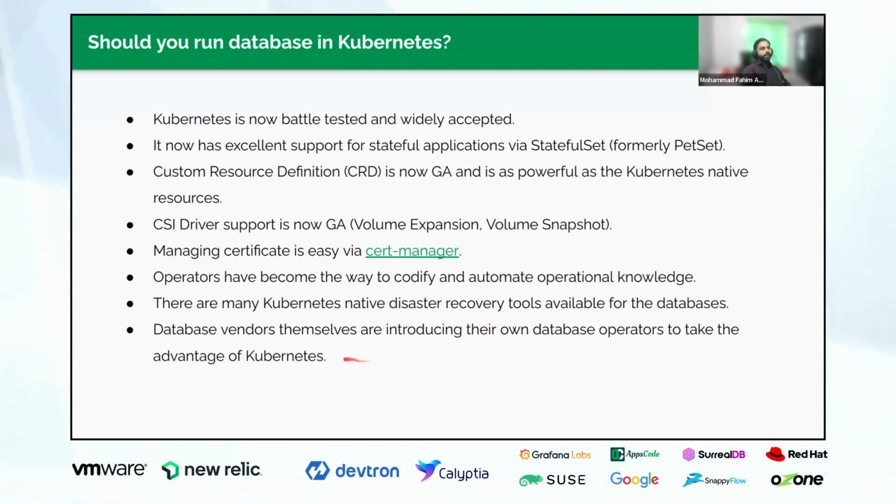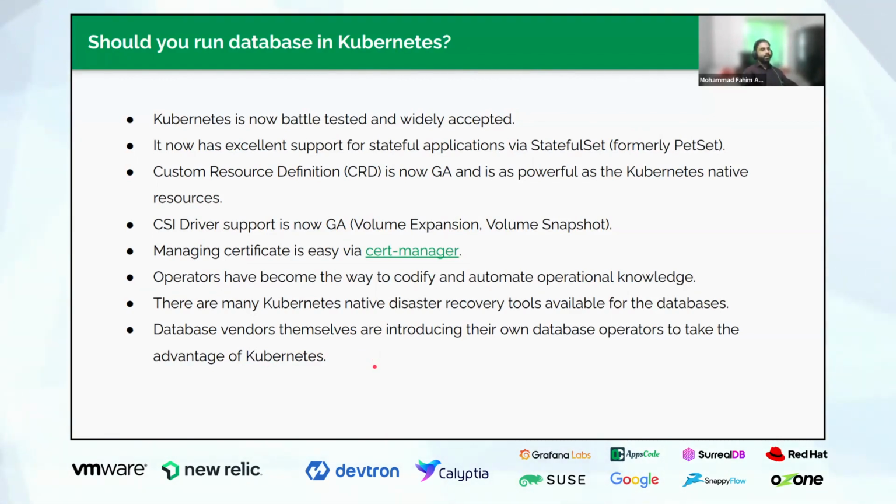Also, we can see that the database vendors themselves are introducing their own database operators. I think they see the potential of using databases on Kubernetes, or I assume their users are demanding it. Nonetheless, database vendors are introducing their own operators.